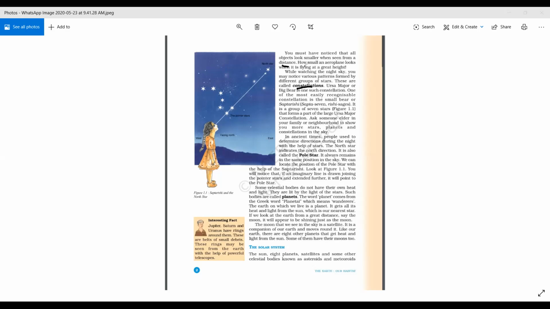These are some basic things about space and the solar system that you should know. So what are constellations?